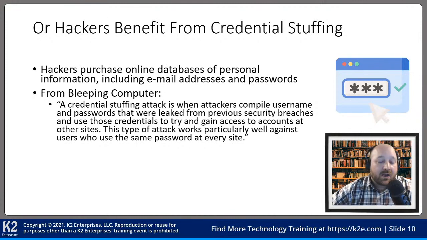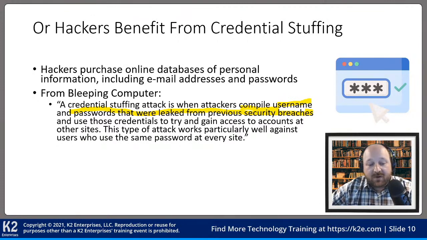So in a credential stuffing attack, hackers compile, typically through purchase, usernames and passwords that were leaked from other security breaches. Then they take those lists and go around to other websites to see if those credentials happen to work.